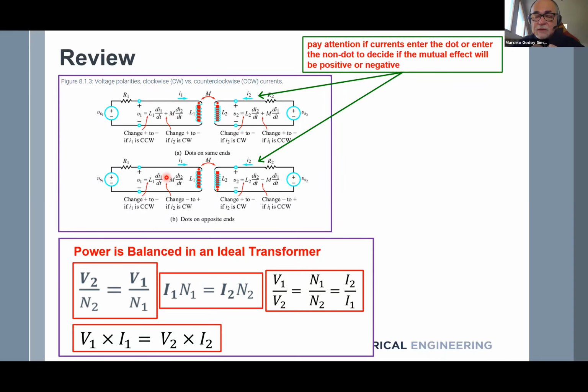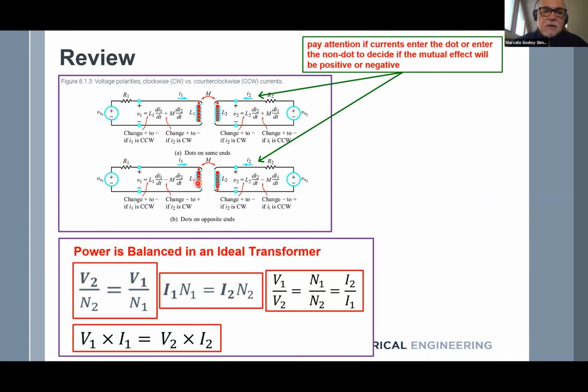So how can we identify when it's a plus or minus? There's a diagram in the previous lesson where you have several connections, but pretty much you can do it like this. Pay attention to whether the currents enter the dot or enter the non-dot. Look, I1 here is coming this way towards the dot, and I2 here is coming this way towards the dot. That means they will be adding in their mutual effect, because this is approaching the dot and this is approaching the dot, so I have a plus.